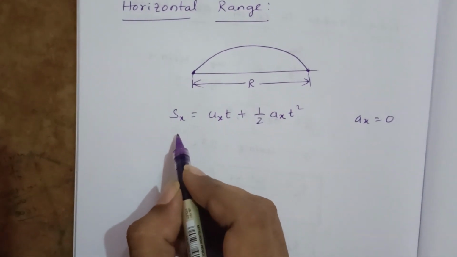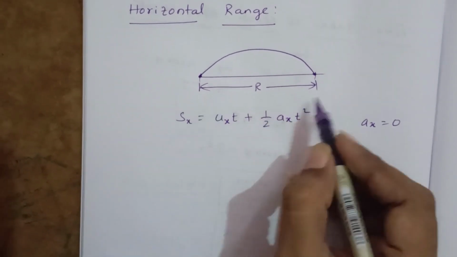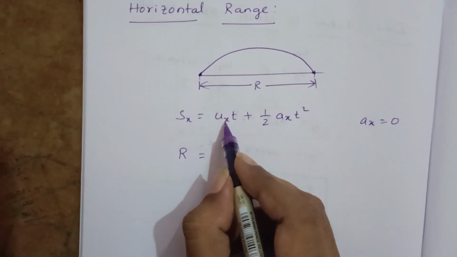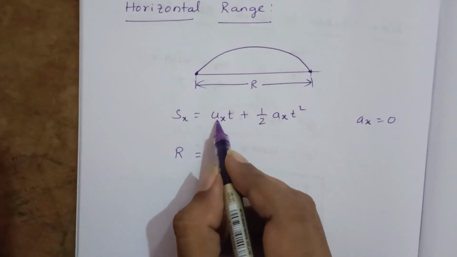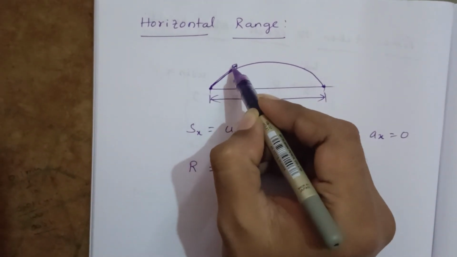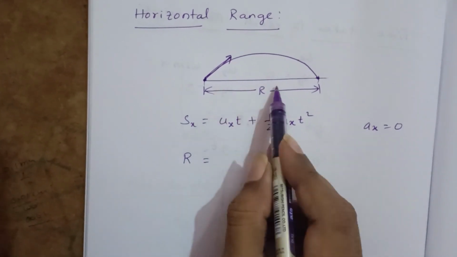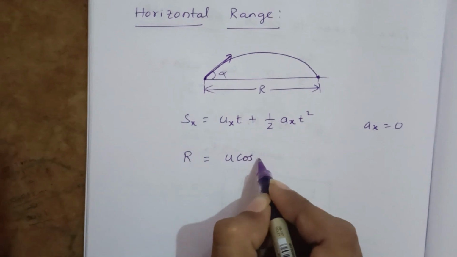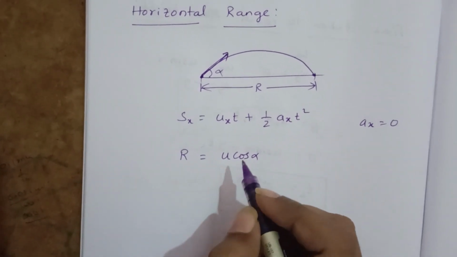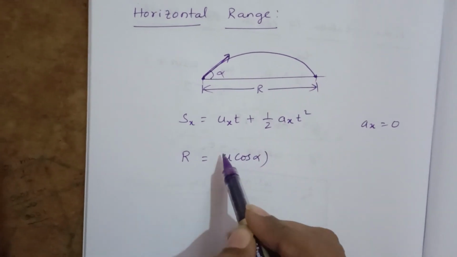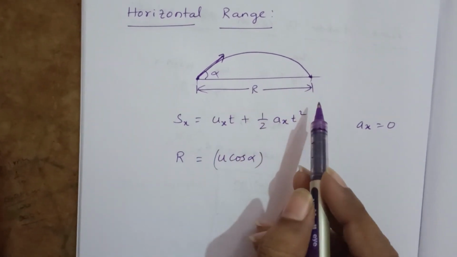Now Sx is the range, R equal to u along the x-axis. U is resolved into two components, x component and y component. So it becomes U cos alpha. T is the total time it remains in the air.